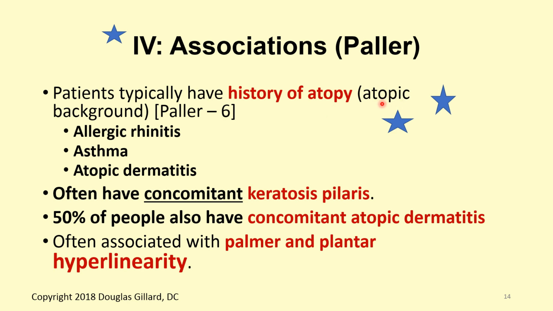What is that word? Atopy is a condition that you can have, and it means that you have three common problems. You have allergic rhinitis, meaning you have a runny nose all the time. You're allergic to the springtime, the fall time, to dust, just allergic to everything. Then you have asthma, and then you have atopic dermatitis. That's atopy, when you have a history of at least these three things.